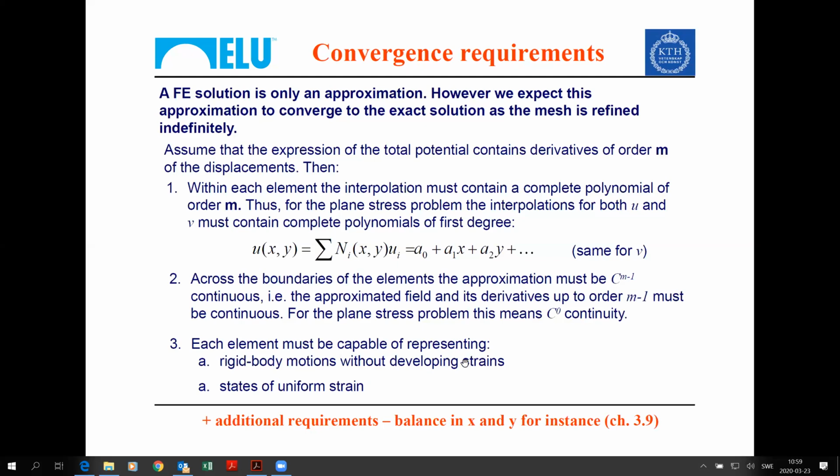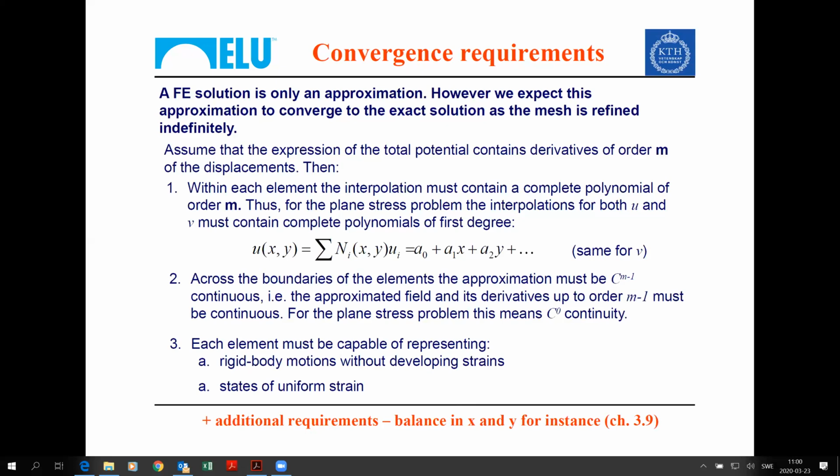Why do we require this first one? Well, of course, this is obvious. We don't want an element that will develop stresses under rigid body motions, because if we rigidly translate an element long enough, we will develop enormous stresses if the element is not able to represent rigid body motions correctly without developing strains.